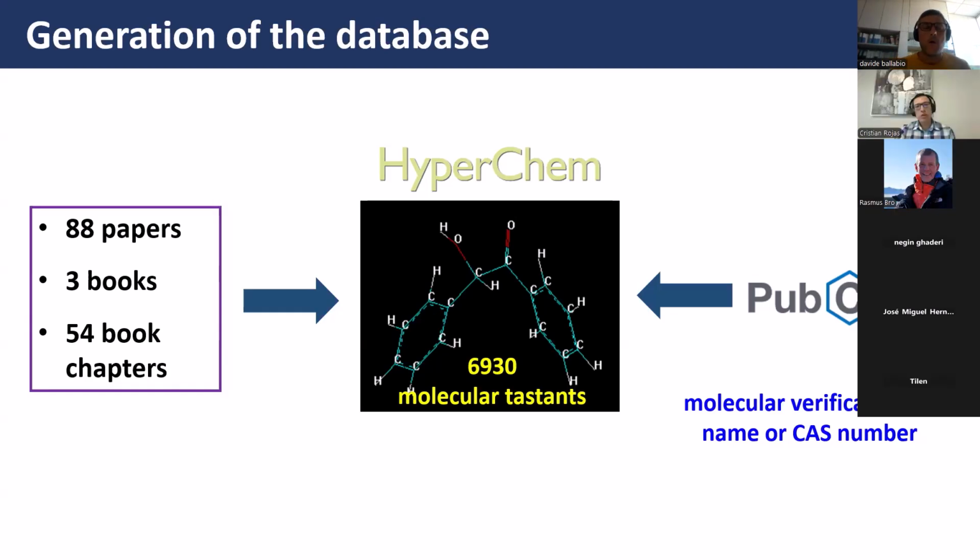All these molecules were designed and optimized in the HyperChem software. The optimization process was performed using molecular mechanics. For those molecules with a chemical name or a CAS registry number, a verification process of the chemical structure was conducted in the PubChem library.